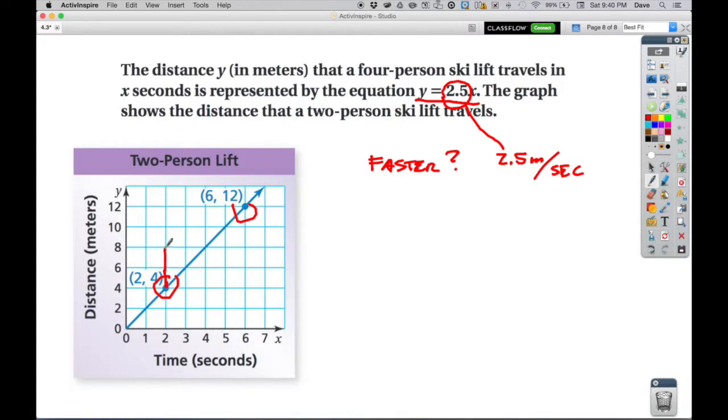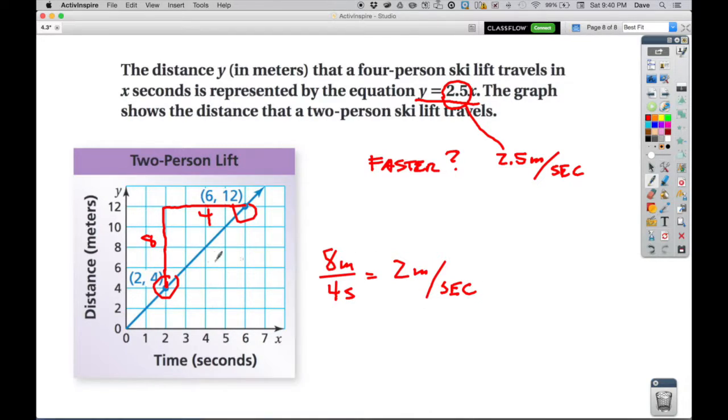So 2, 4, 6, 8. 8 meters for every 1, 2, 3, 4 seconds. So 8 meters in 4 seconds, which reduces down, divide by 4, 2 meters per second.